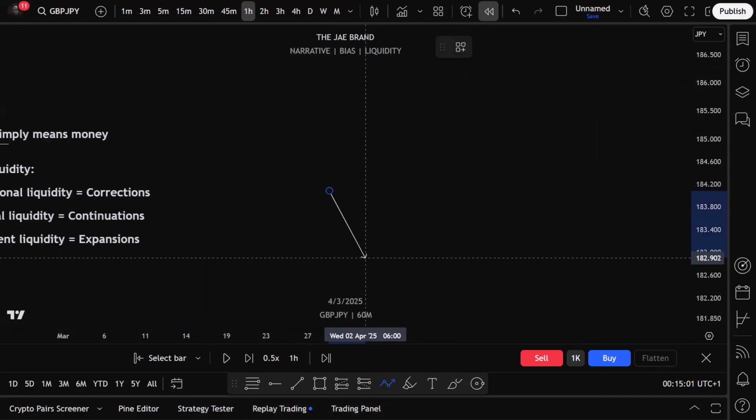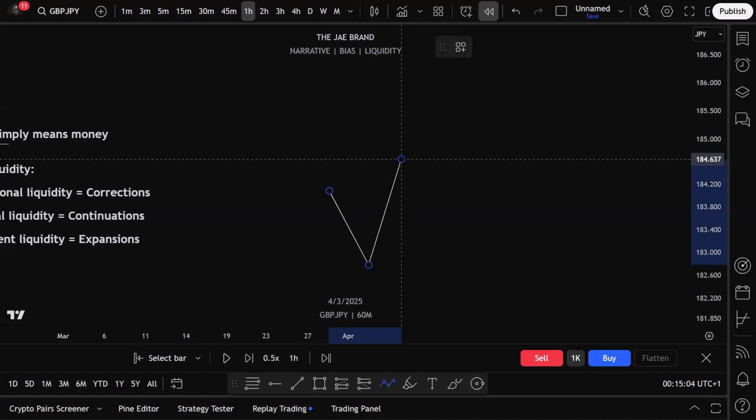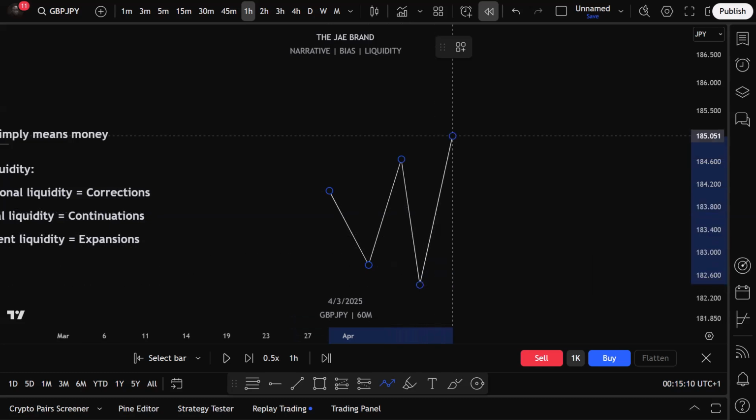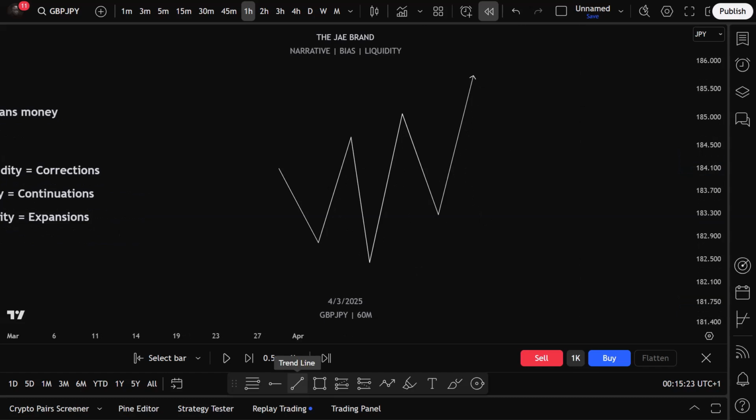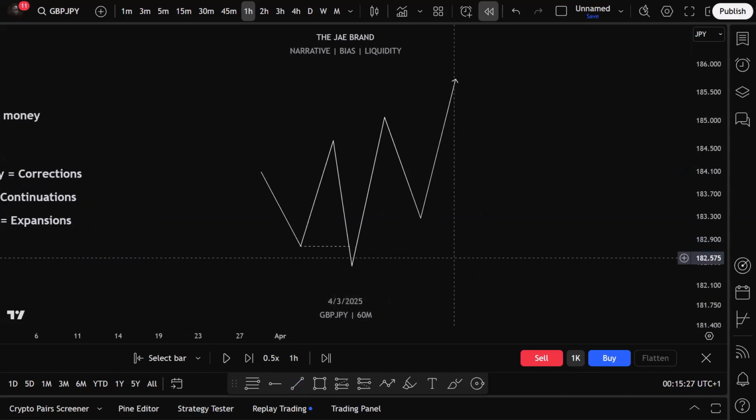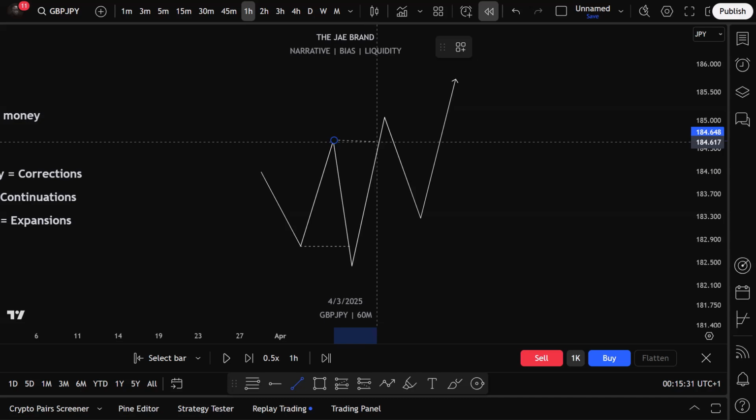This is our swing structure, and that's the sweep of the previous low, and then we have something like this to the upside, and now we have a sweep of this low, and we have a break of this high.